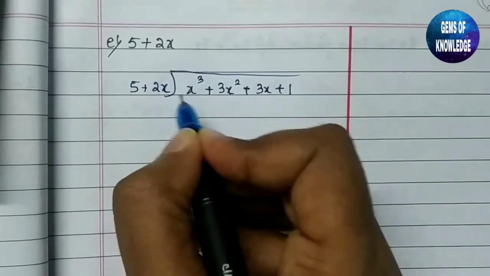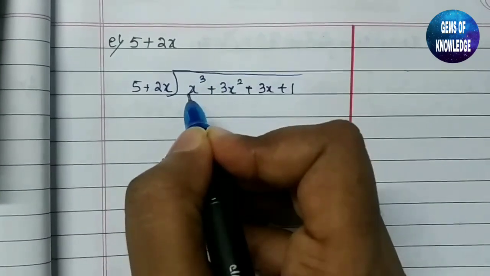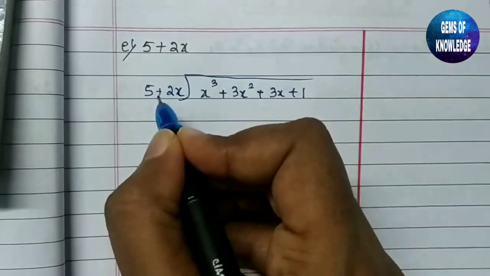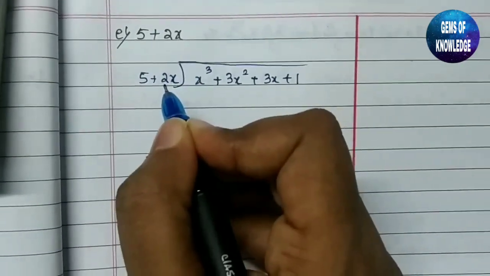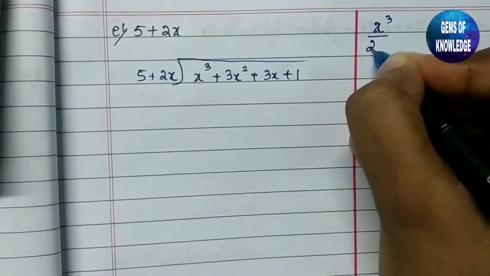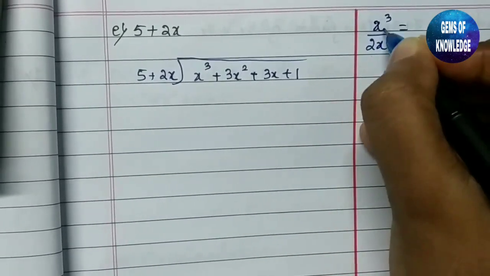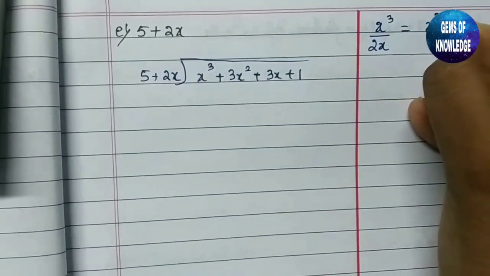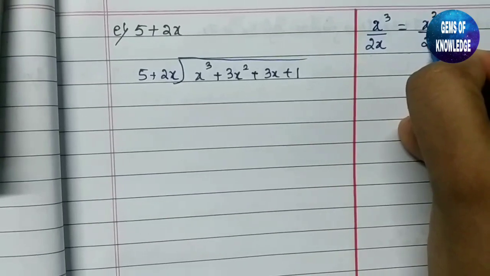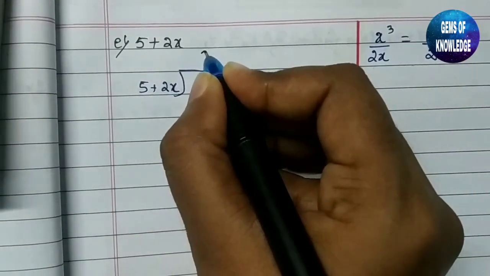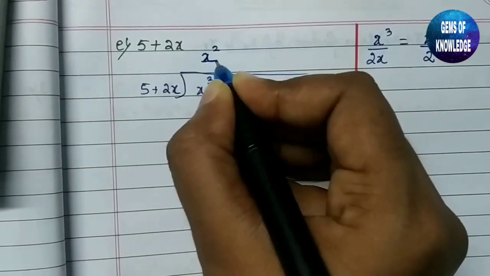Okay, always remember the x cube, whatever the dividend is there, it must be divided with the divisor which contains x there. Okay, so you can see x cube, again when it is divided by 2x we are left with x cube, when it is divided by x we are left with x square and divided by 2 will be left with us.